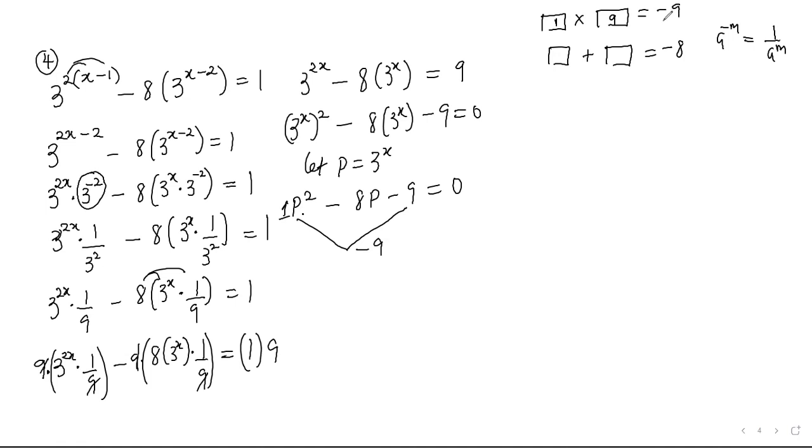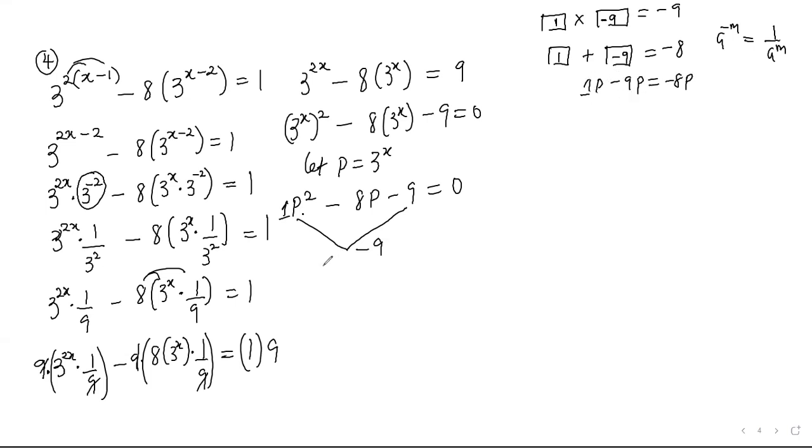So 1 times minus 9 gives minus 9, and 1 plus minus 9 gives minus 8. So the two values are 1p and minus 9p, giving minus 8p. You can watch our videos on quadratic equations; that will help you.